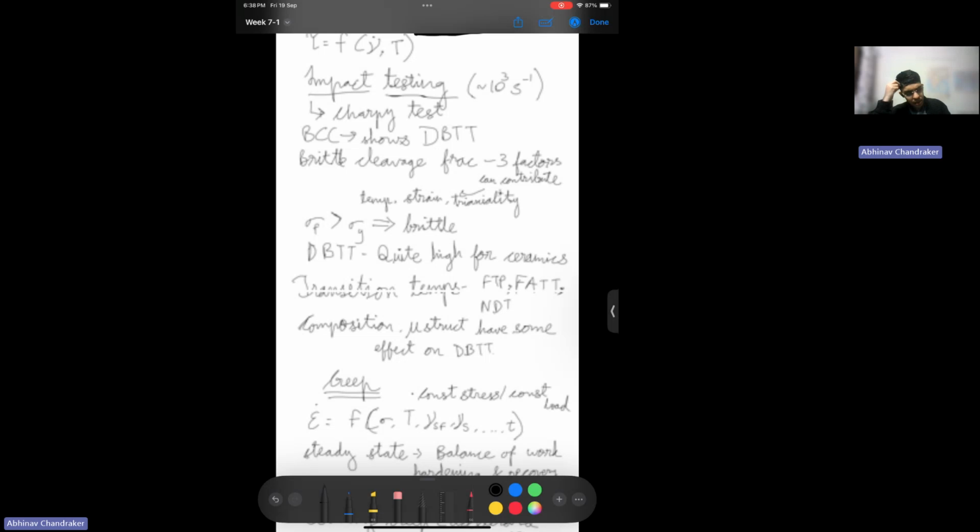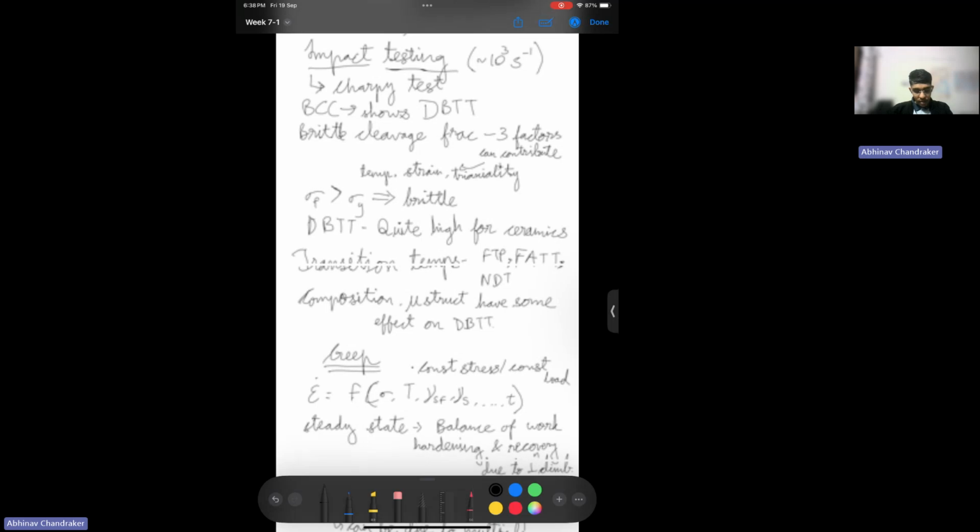Plane stress usually gives higher plasticity, so plasticity will be more in plane stress than in plane strain or triaxiality. Depending on the yield strength, if it is very low, you can have plastic deformation, but if it is higher than the fracture strength, then you will directly have fracture first.